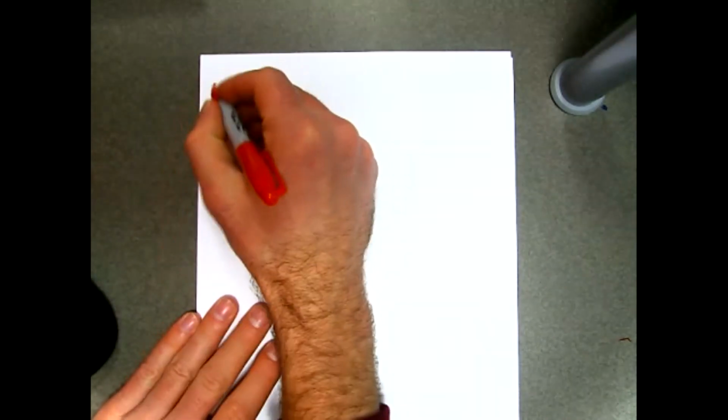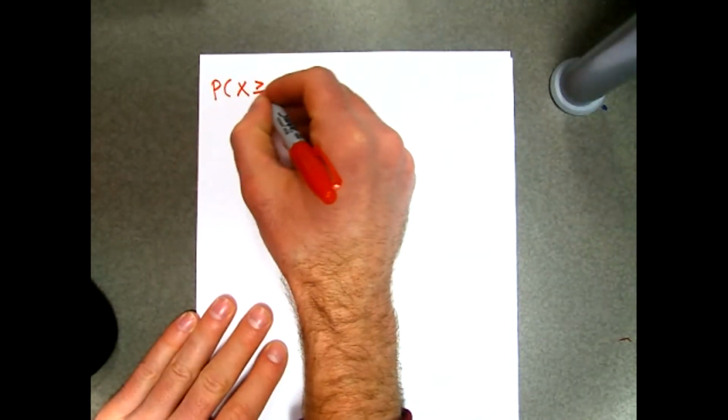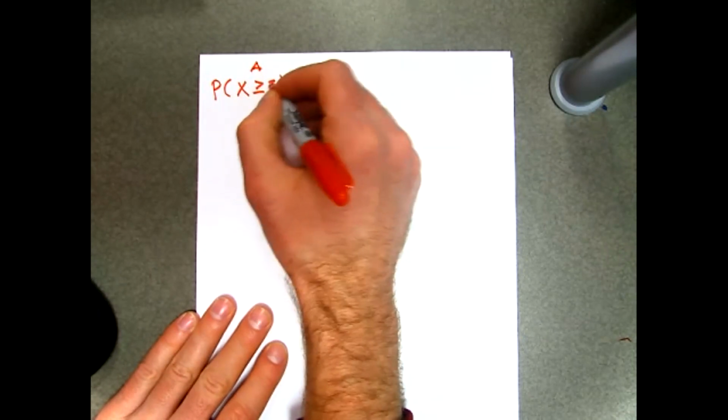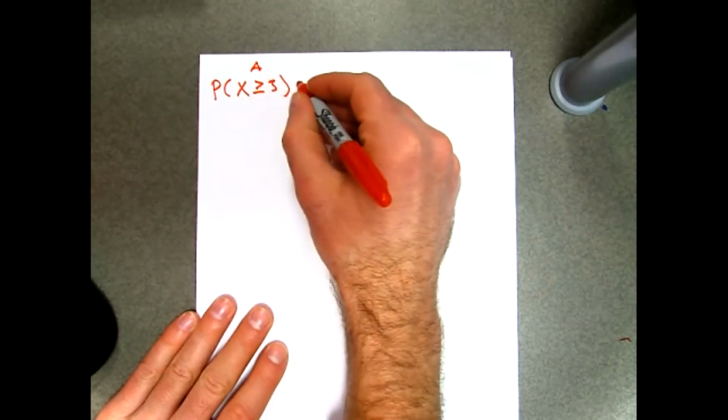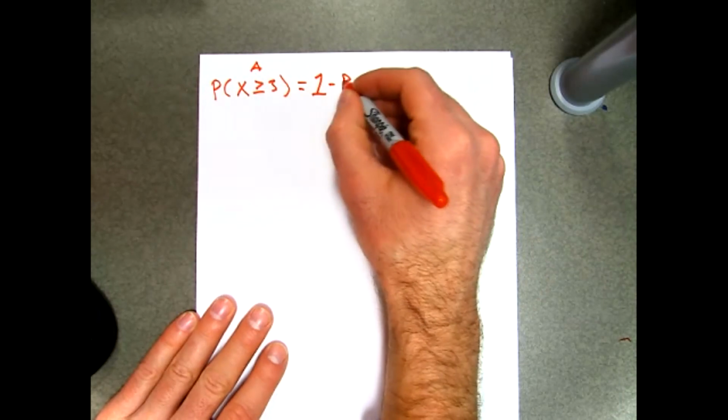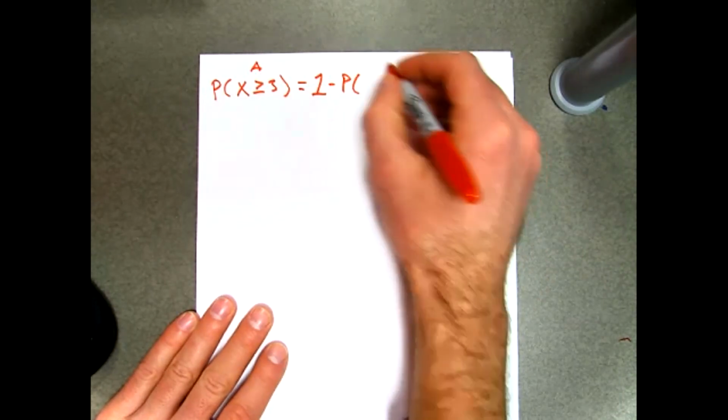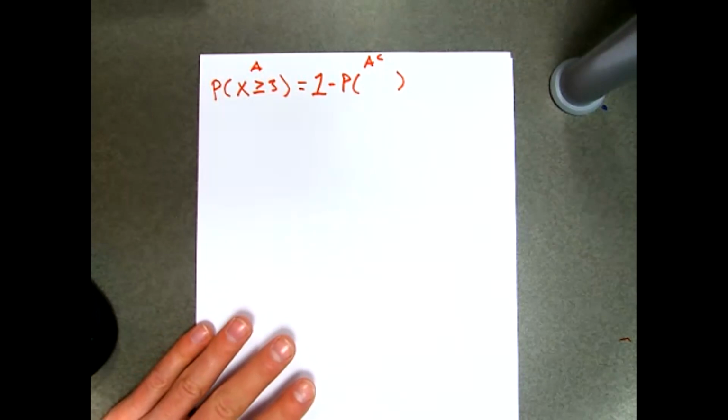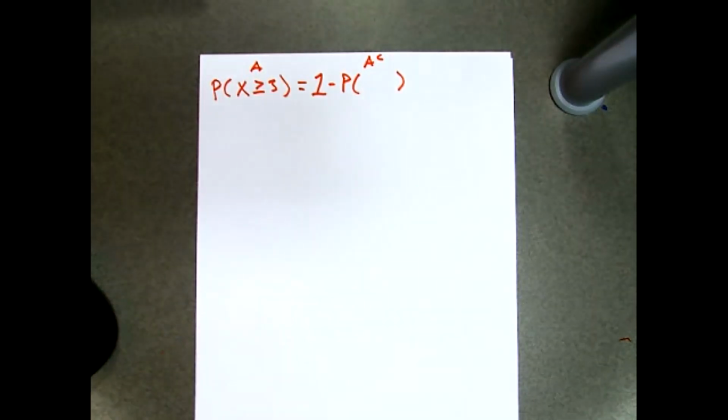Another way we can think about doing this is anytime I want to find the probability of an event, call this event A, I know that's the same thing as 1 minus the probability of the complement of that event. So if the event A is being greater than or equal to 3, what would the complement be?